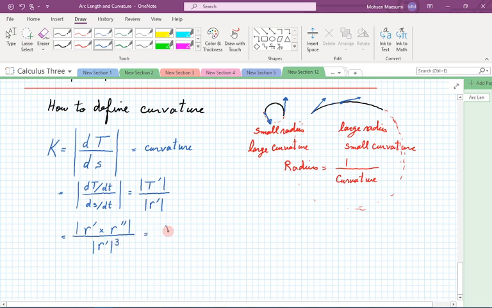And here's another way of writing this in terms of quantities, perhaps hopefully easier to memorize: that's v cross a in absolute value divided by v cubed. Sometimes calculating cross products needs a little bit of practice, and let's go ahead and perhaps do one of these.